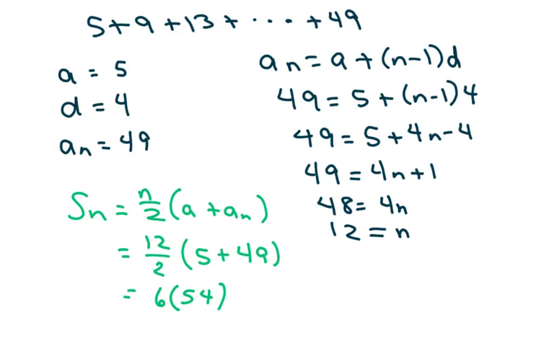And 6 times 54 is going to be, which one is this one? Okay, this one's going to be 324. I wrote this down and I forgot, I couldn't find it.